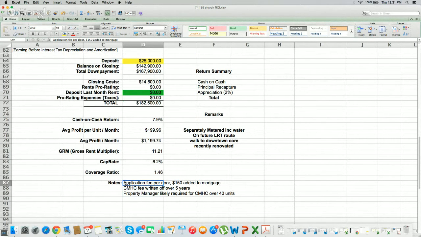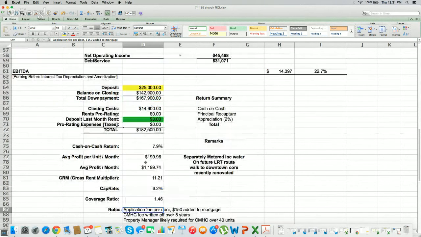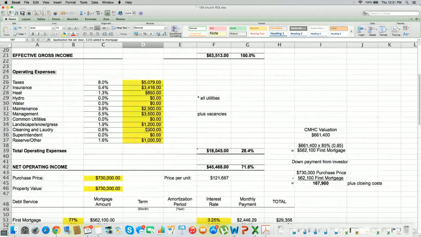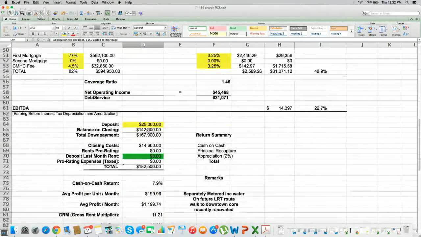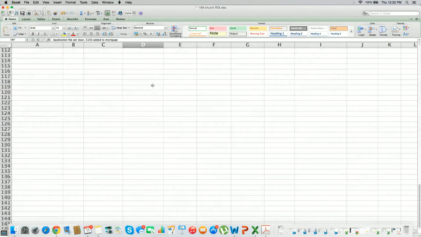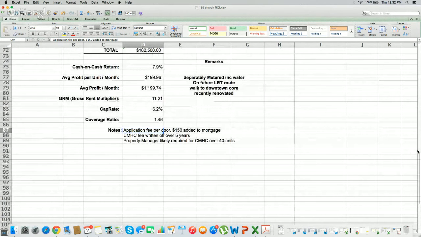There are so few of these properties, and each property is so unique, that just taking one of these spreadsheets and scrolling down to the bottom, as a lot of investors do, and saying, oh my God, it cash flows $1,200, this property is great, or this property is bad, is not the right way to do things. So we need to visit properties. We need to evaluate properties as a whole rather than just look at cash flow and say this is good or this is bad. So I'm just going to cover a couple of questions and we'll wrap this up.